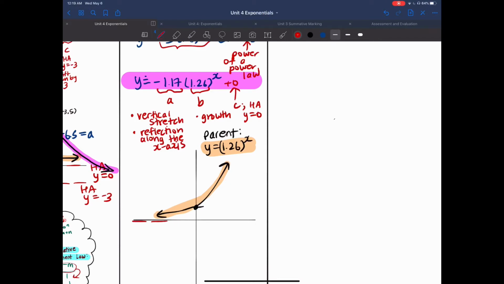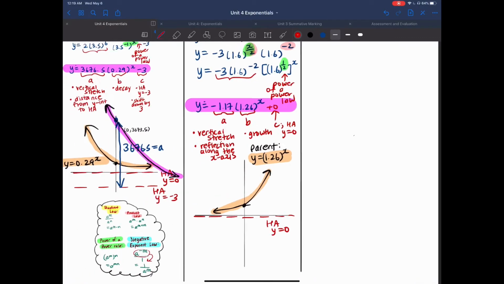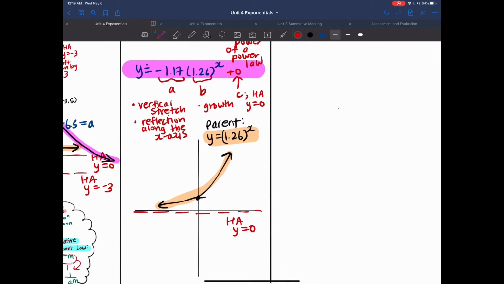And this has a horizontal asymptote of y equals 0, and that does not change because there were no shifts up or down. Meanwhile, because the a value is negative, what that means is that instead of having a growth like this, there's a reflection along the x-axis, so it's going to flip over like this.